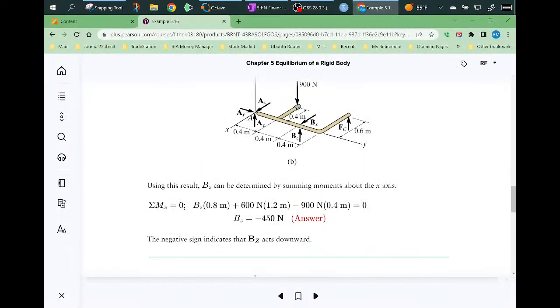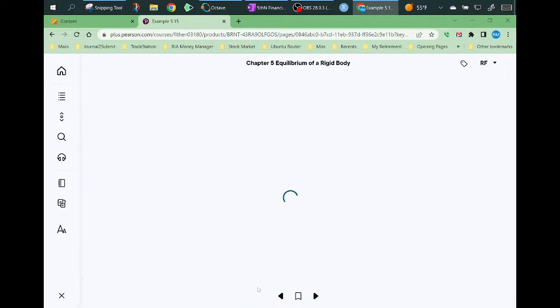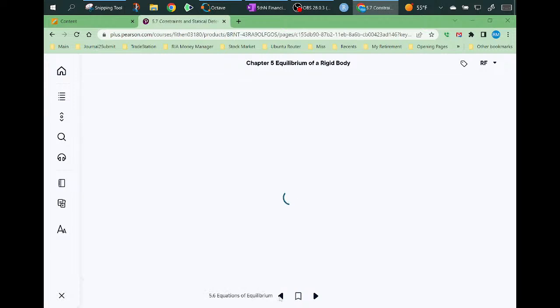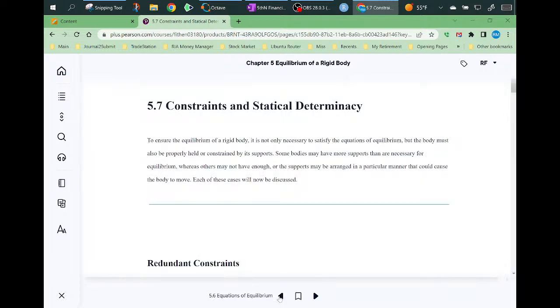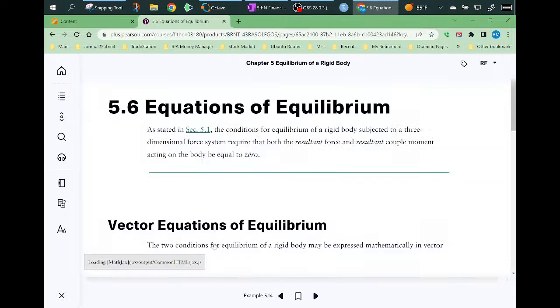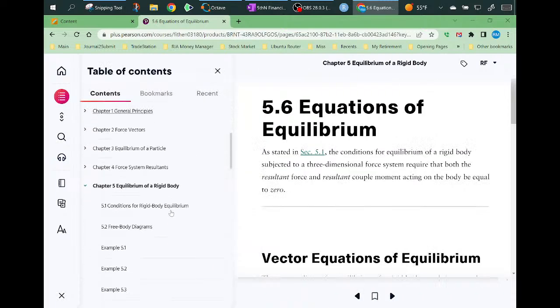If I look back at the book, go back a section or two, and yeah, let's look from the table of contents view.